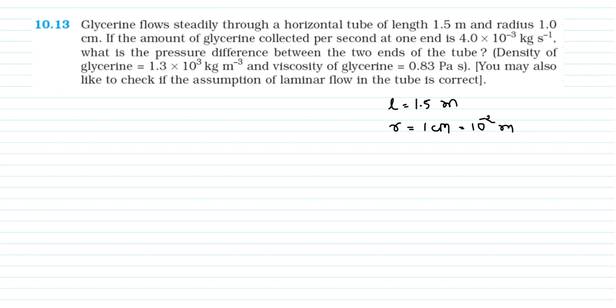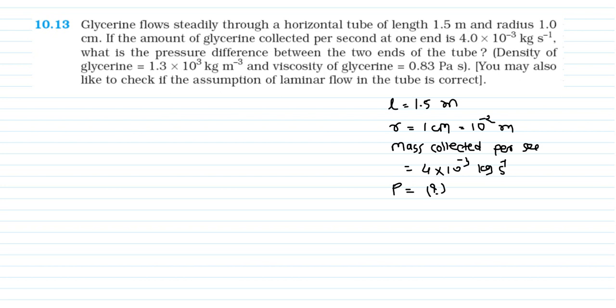Okay, that means here you can say that the mass collected per second is 4 into 10 raised to minus 3 kilogram per second. What is the pressure difference between the two ends of the tube?